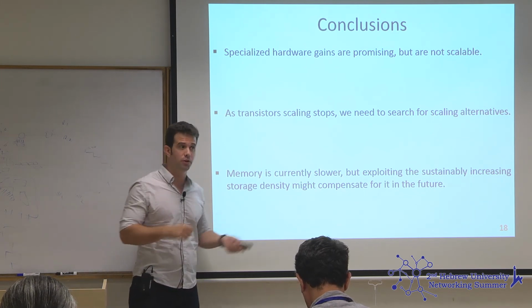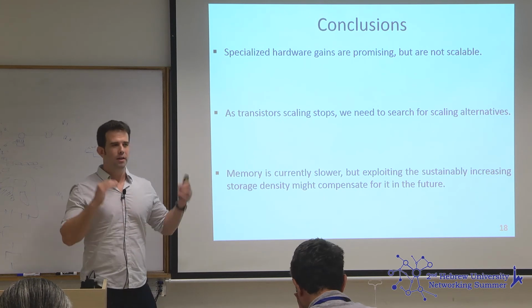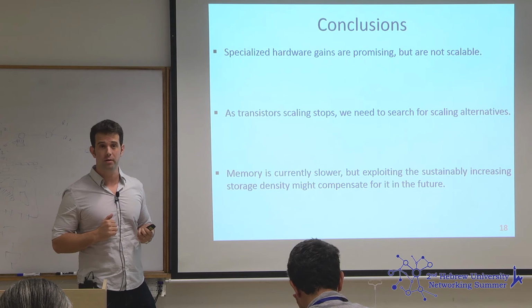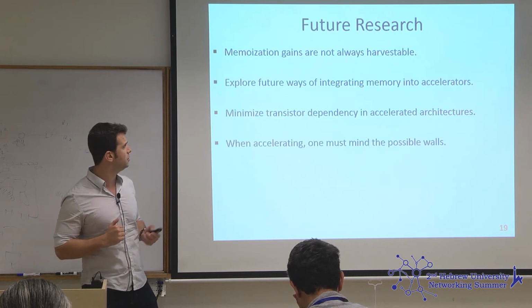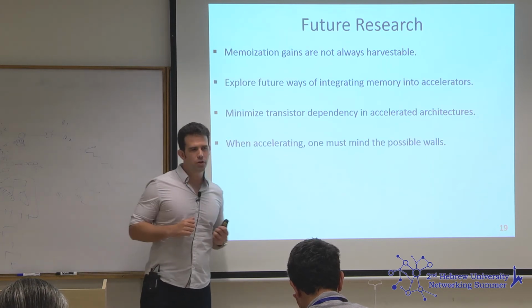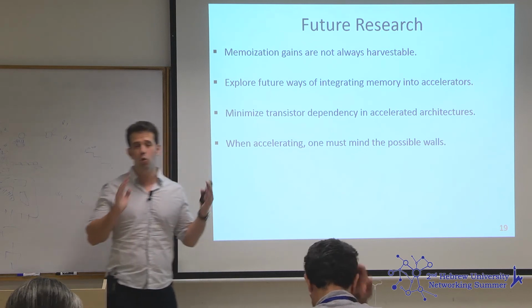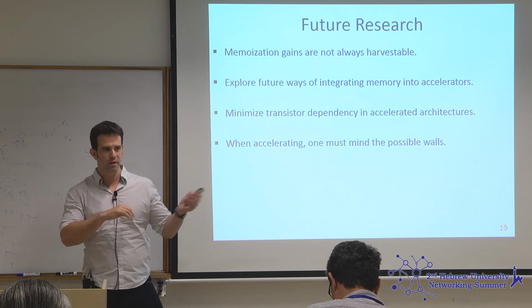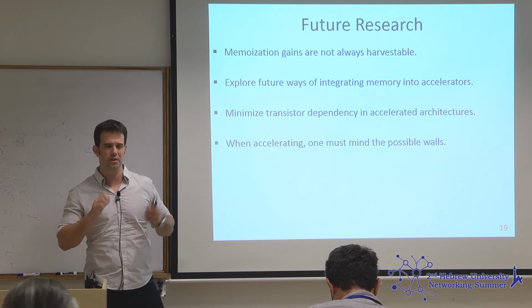So while memory is currently slower, the new memory technologies that scale much better might be really good candidates to compensate for these transistors. So we looked today at memoization, which is one technique that allows us to gain from using memory to compensate for the lack of scaling in transistors.